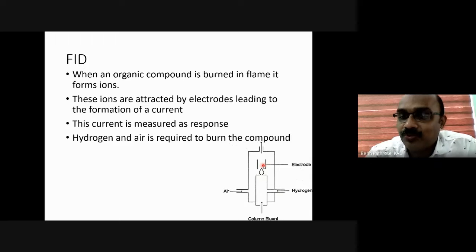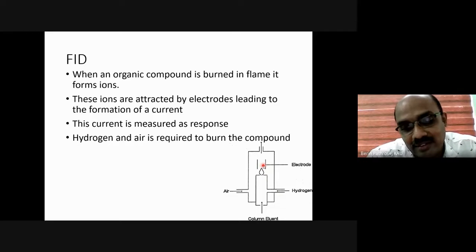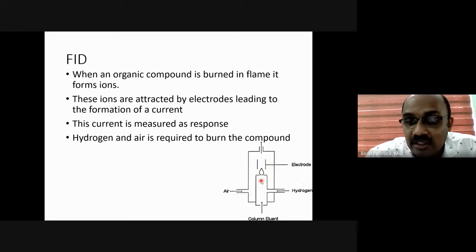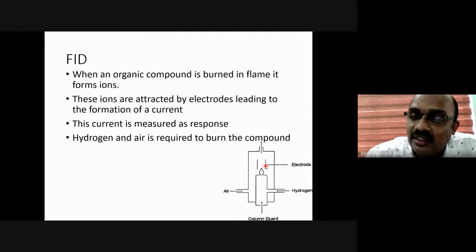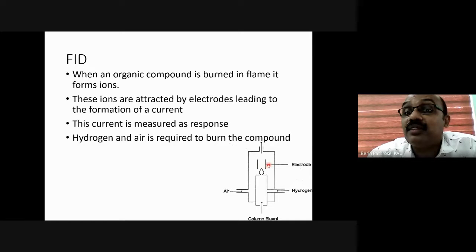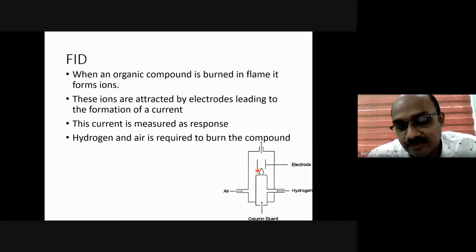This is how the detector measures it. So if there is a change in the current, then FID will say yes, a compound is present, and depending upon the intensity of the current, if there is a higher current, that means that quantity is high. We can measure that also. So this is how FID works. Clear?